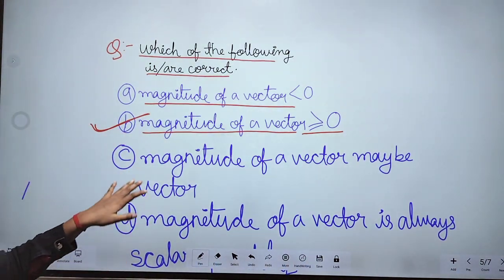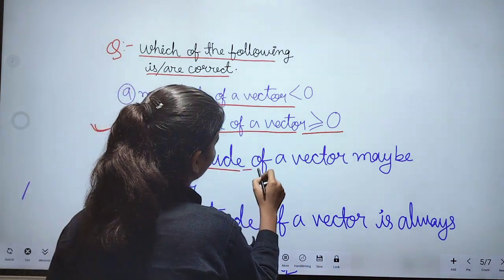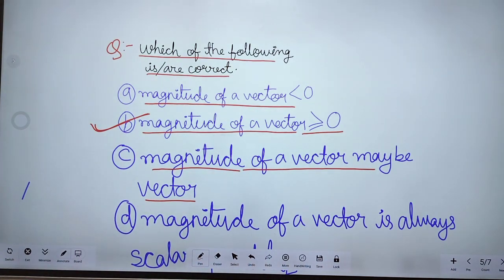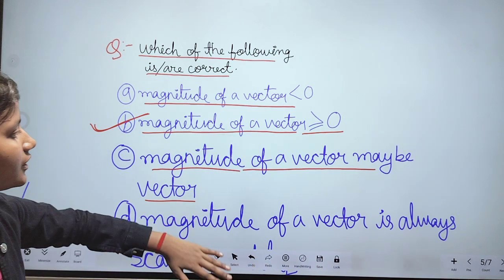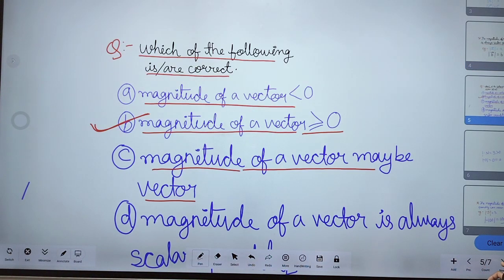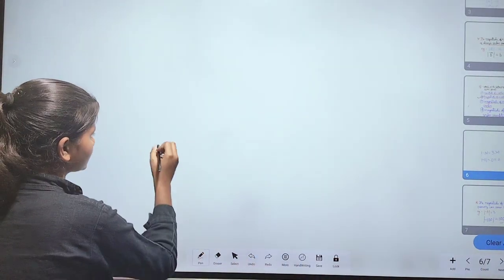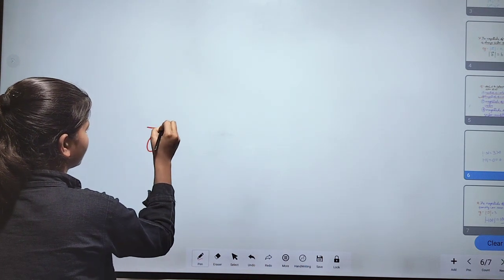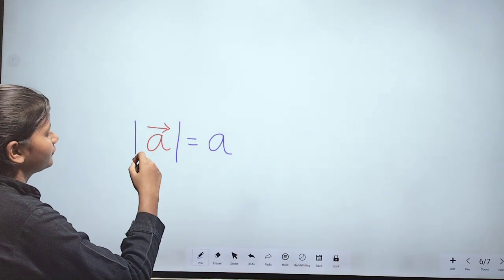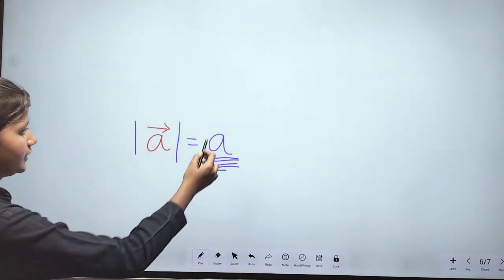Now our next option: the magnitude of a vector may be a vector. No, why? Because any vector shows a vector quantity, and if we put modulus, then it is always a scalar quantity, not a vector quantity.